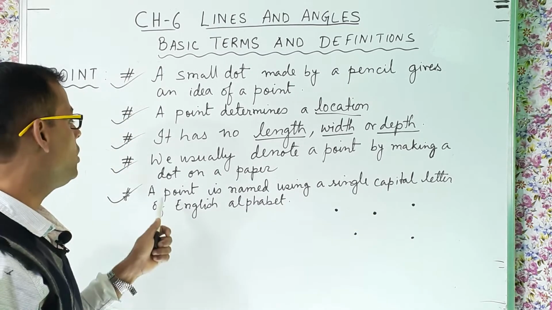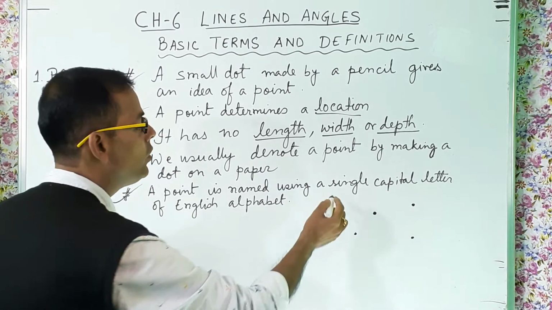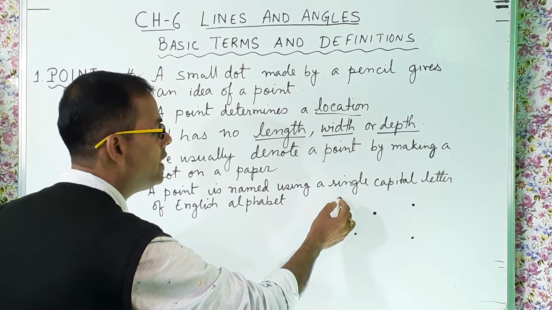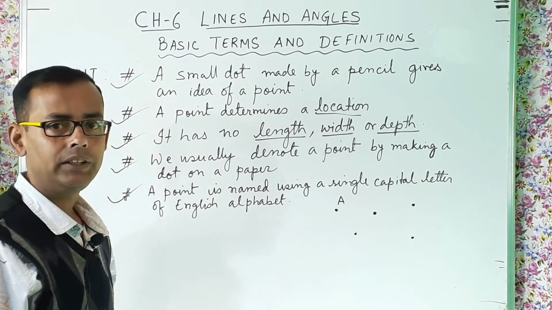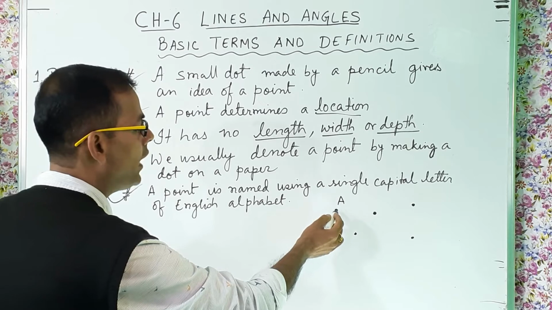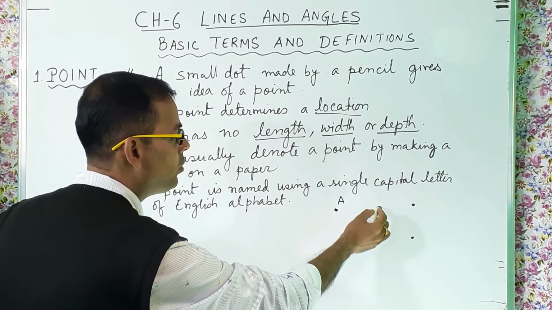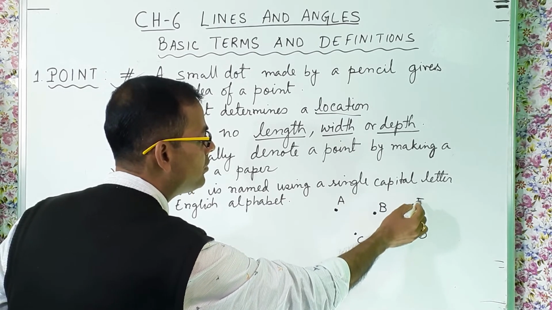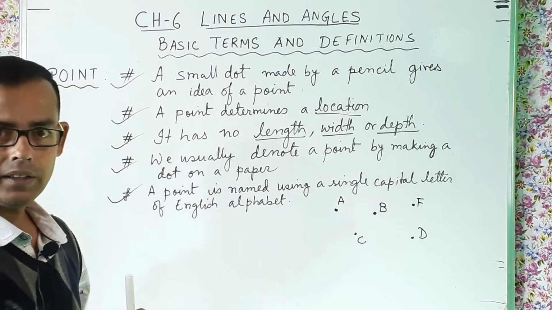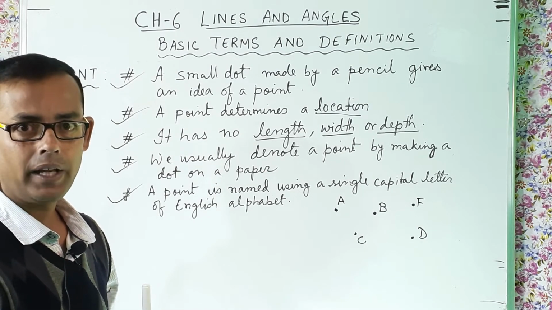Suppose I have given the name, this point A, this point C, this point B, this point D, this point F, like this. Clear? Okay.